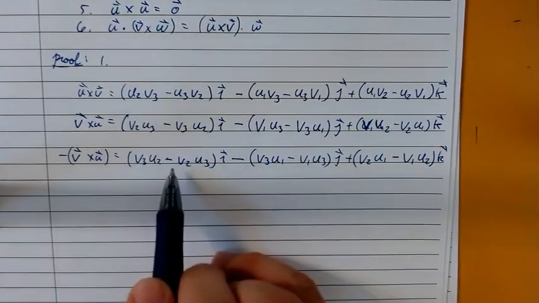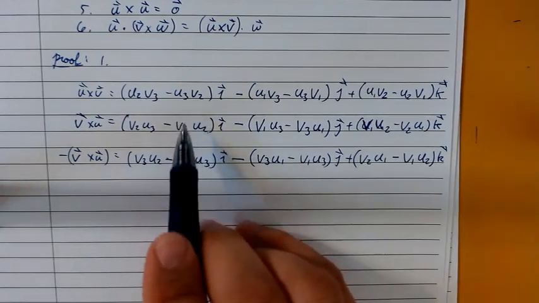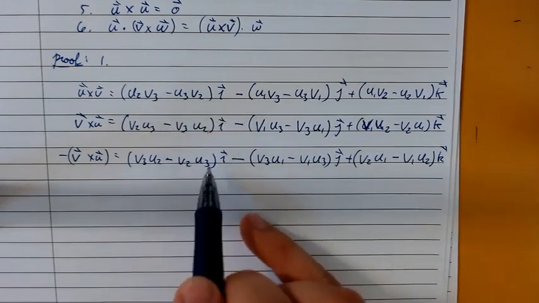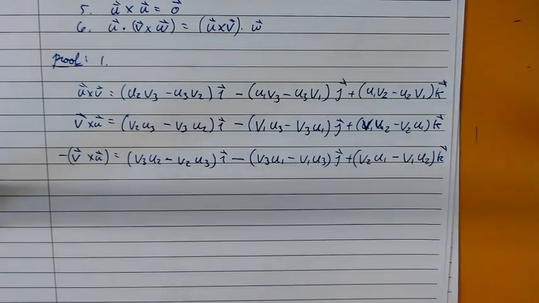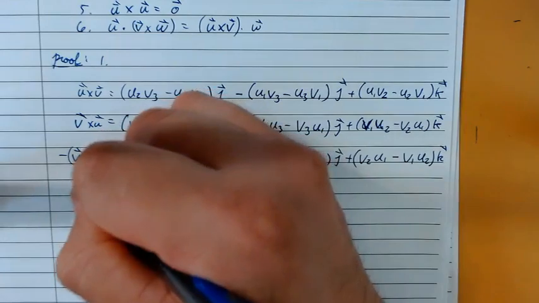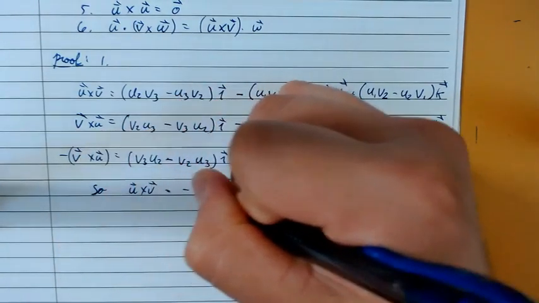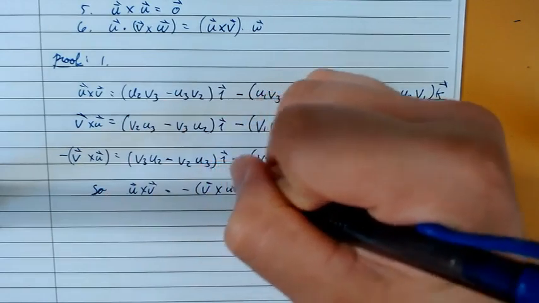U2V3 minus U3V2 I, and so forth and so on. So that means that U cross V equals negative V cross U.